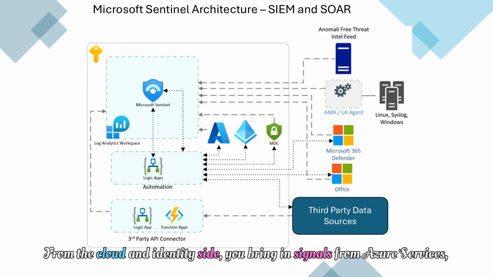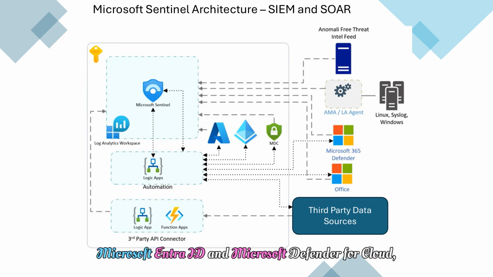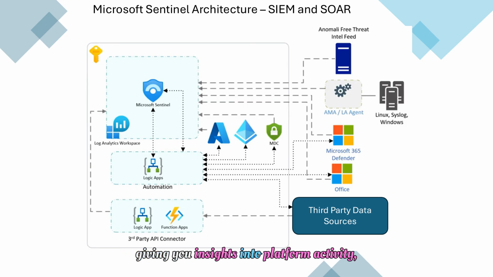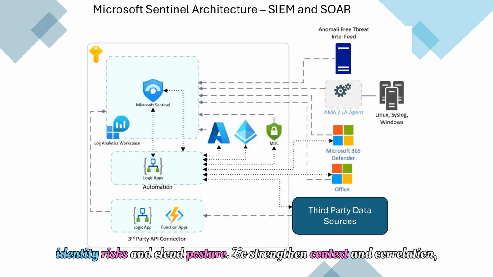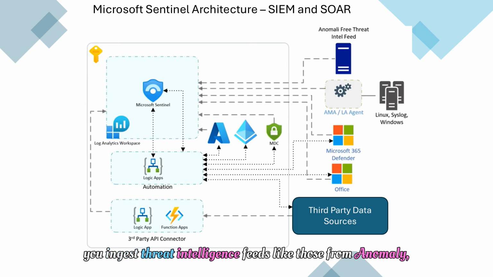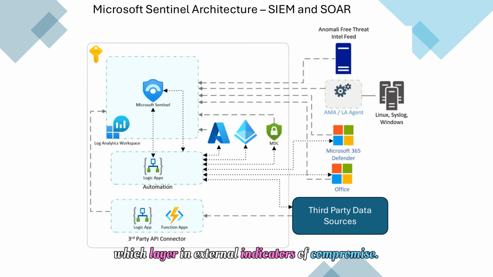From the cloud and identity side, you bring in signals from Azure Services, Microsoft Entra ID, and Microsoft Defender for Cloud, giving you insights into platform activity, identity risks, and cloud posture. To strengthen context and correlation, you ingest threat intelligence feeds like those from Anomali, which layer in external indicators of compromise.